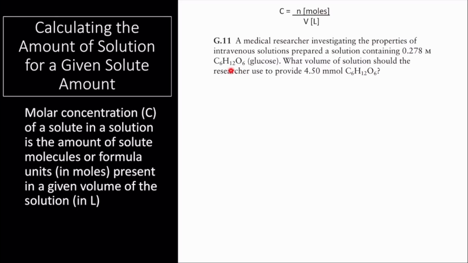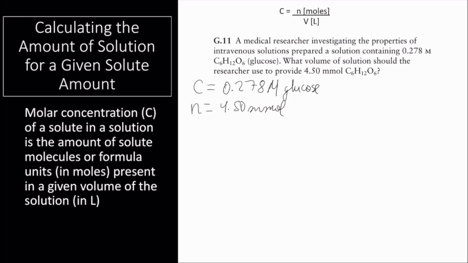Okay, so in this problem, we're given the concentration. So concentration is 0.278 molar of glucose. And we're also given the number of moles of glucose. So n is 4.50 millimoles. And we know that if we want to use this equation, we need to convert these to moles.